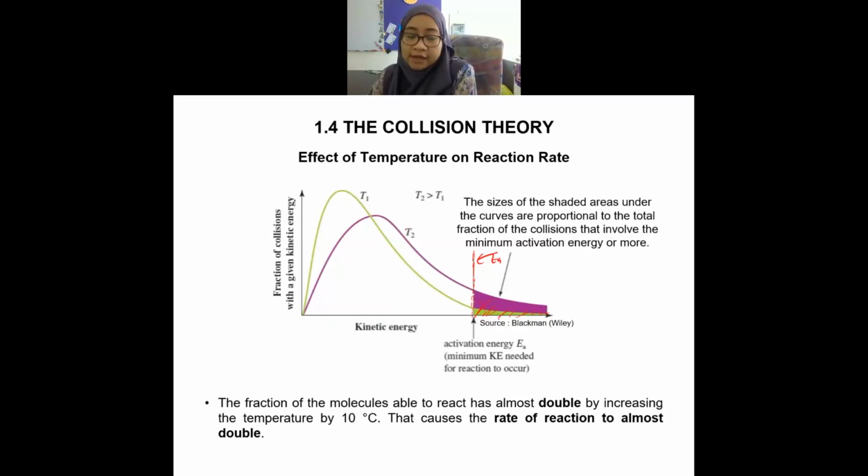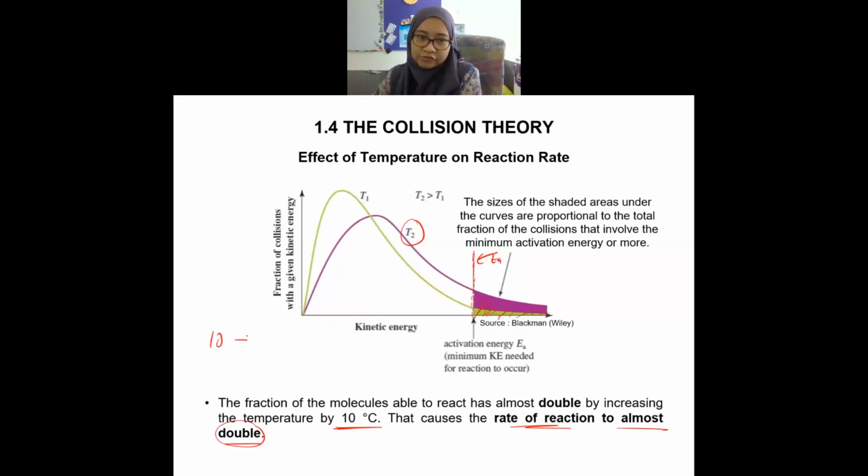When the reaction is conducted at higher temperature, the fraction of molecules able to react has almost doubled by increasing the temperature by 10 degrees Celsius. That causes the rate of reaction to almost double. So just by increasing the temperature by 10 degrees Celsius, the rate of reaction also almost doubles.